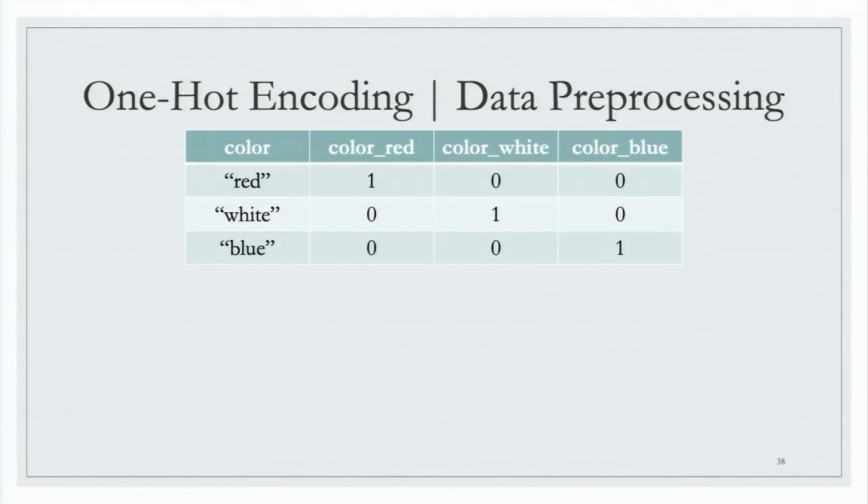And if it was blue, then blue is 1 and the others are 0. So we can see that we did have one attribute or column before, and now it's 3 times as many because there were 3 possible categories. Again, it's states. You would have one that's, if it's Michigan, the state Michigan attribute would be a 1 and all the others would be 0, etc. Now we'd have 50 new ones instead of 3.